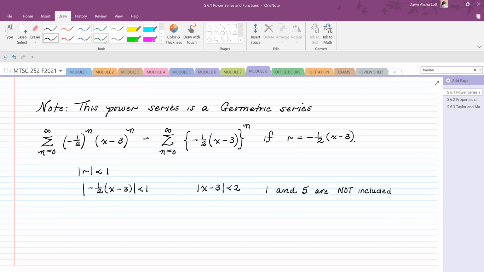So therefore, our final interval of convergence turns out to be 1 to 5. All right, so the endpoints are not included.